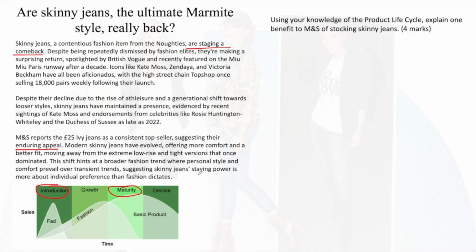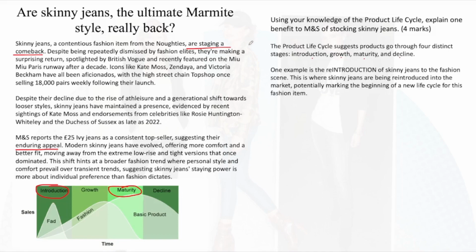I've got my evidence. I've used different evidence in the case study, actually, in the answer, but there is plenty of evidence here, and that's the technique. Look at the question, think about the knowledge, write yourself a definition straight away, and then go and get the evidence from the case study, because you know you're looking for evidence from one of these 4 parts of the product life cycle. Then, one example, we've got reintroduction.